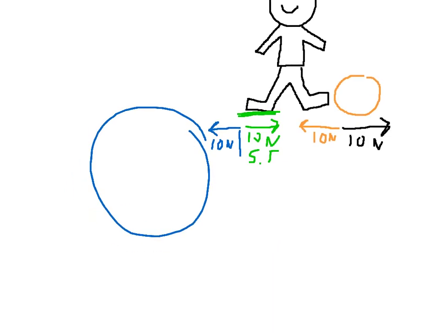Here's the deal. There's a net force acting on the earth of 10 newtons, and guess what the earth does? The earth accelerates a little bit this direction. So the earth does accelerate. And the ball is going to accelerate.